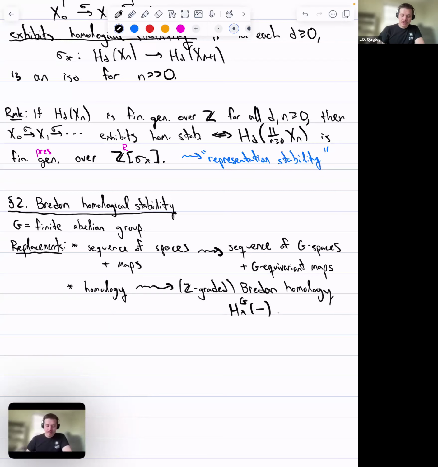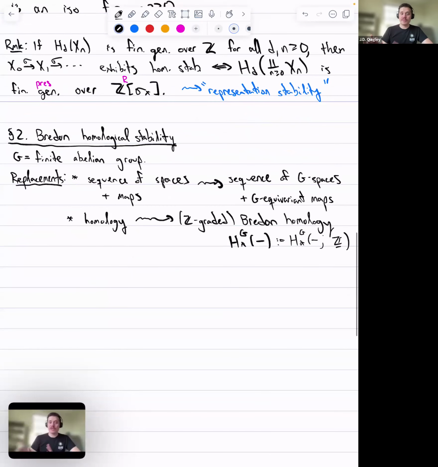Okay. And for the experts, I'm taking integer graded Bredon homology with coefficients in the constant Mackey functor Z. A lot of the results I'm going to tell you today hold for other coefficients, but just for simplicity, let's stick with Z. And if that doesn't mean anything, it doesn't matter because the entire classical recollection also didn't say what coefficients we were using.